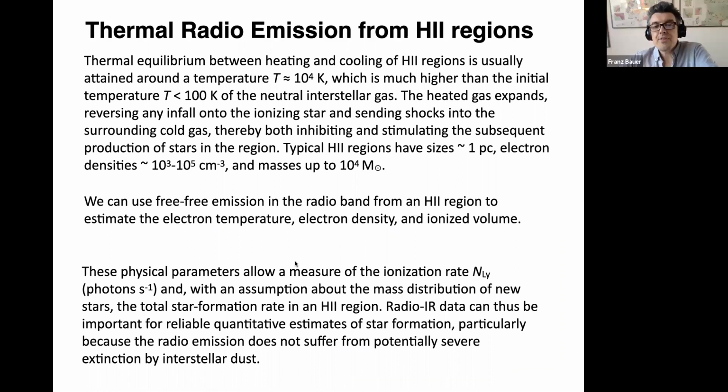And then with an assumption about, say, the mass distribution for new stars, you can estimate the total star formation rate in each region, which again is not trivial from the optical. So the radio and IR data are a very useful way to correct or understand if you have a full census of what's going on in a star formation region.